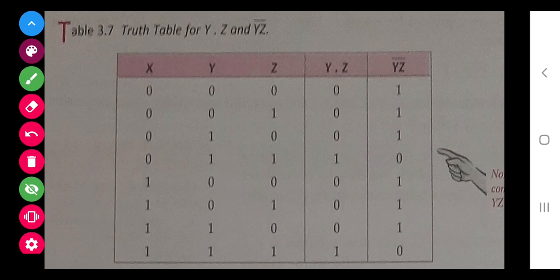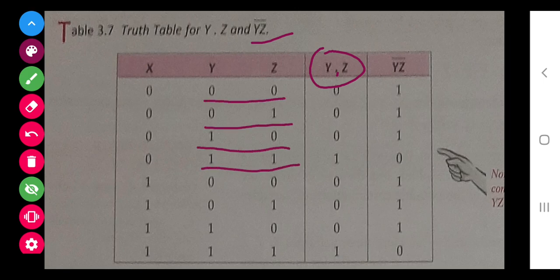Now class, we have to get this y z naught. So how will we get it? First of all, y dot z, we have to get y z naught, meaning y z, then its naught. So first y z, which means the AND operator. Dot means AND operator. This will be 0, 0, 0, 1, because both are 1.